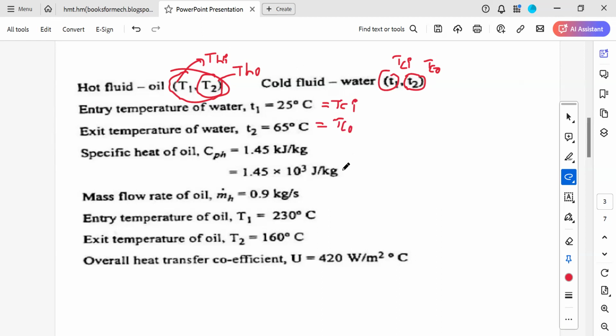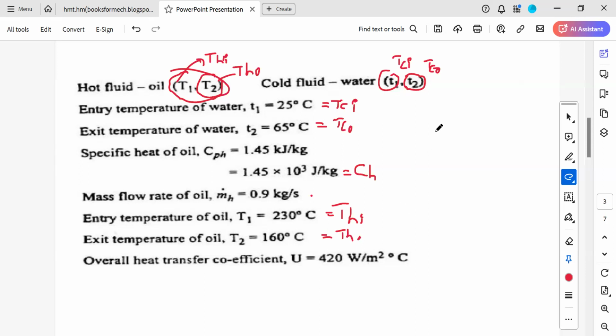The specific heat is given, that is CH, MH is 0.9, and U is given as 420.